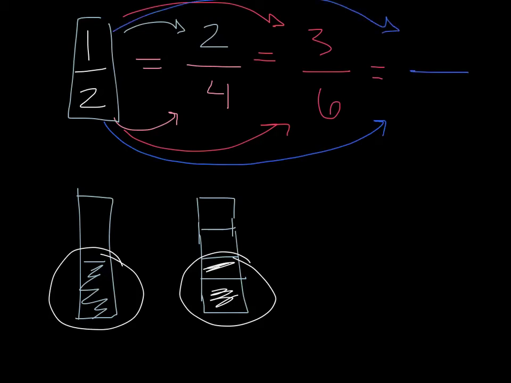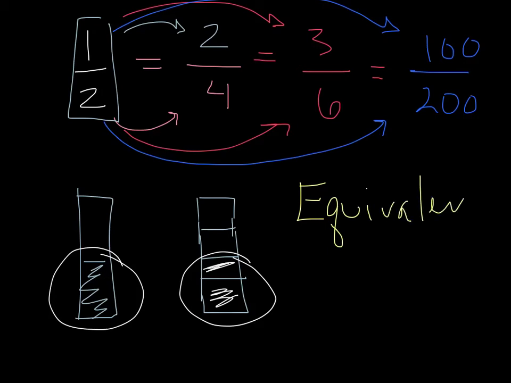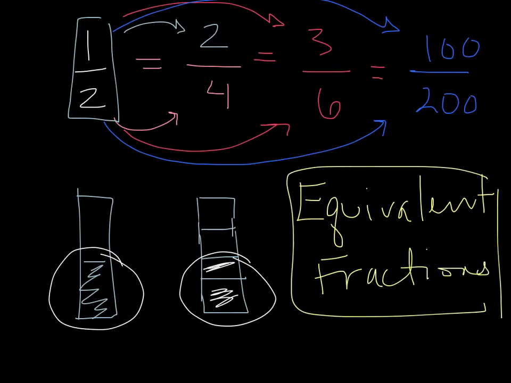So if I want to multiply my numerator by 100, I want to multiply my denominator by 100, all of these fractions are all equivalent. So equivalent means they're worth the same thing, just with different numbers. So 1/2 is equal to 2/4 is equal to 3/6 is equal to 120ths.